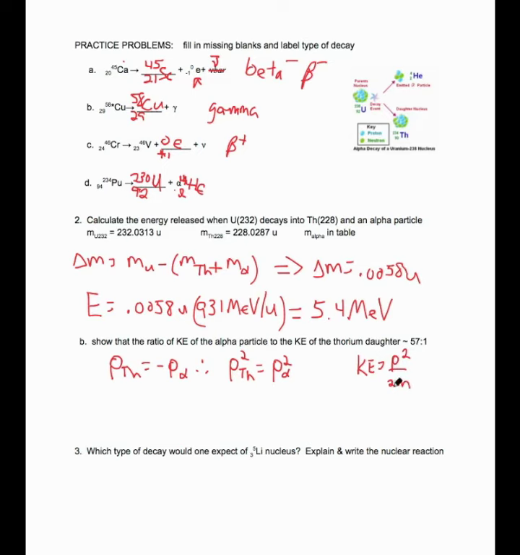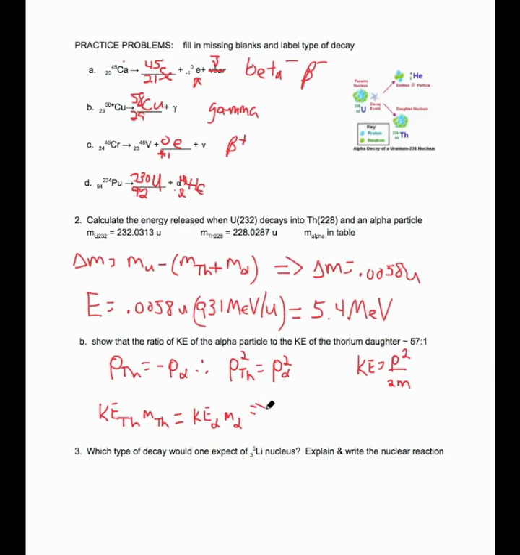So if I bring the m over, what we basically have is the KE of the thorium times the mass of the thorium, right? I can ignore the 2 because it's common on both sides, and that has to equal the KE of the alpha particle times the mass of the alpha particle.